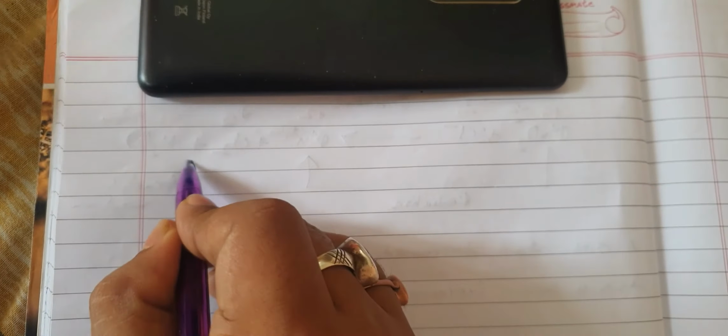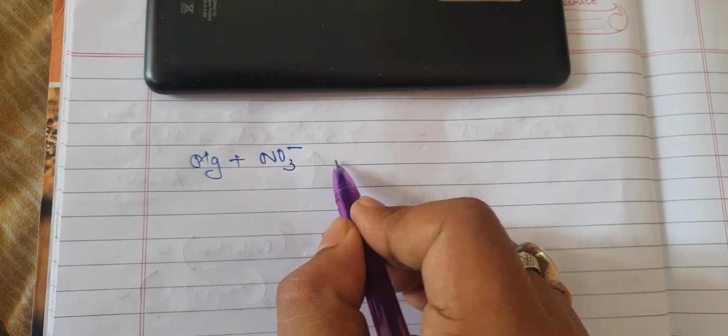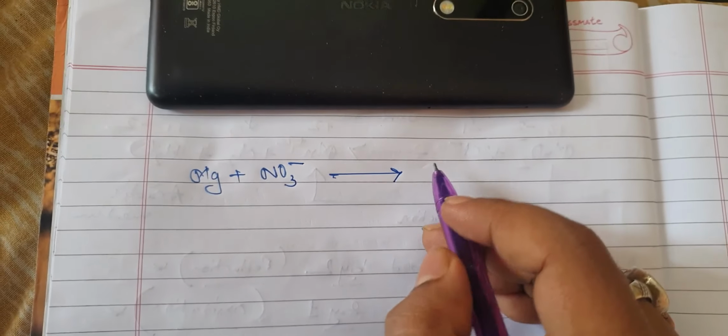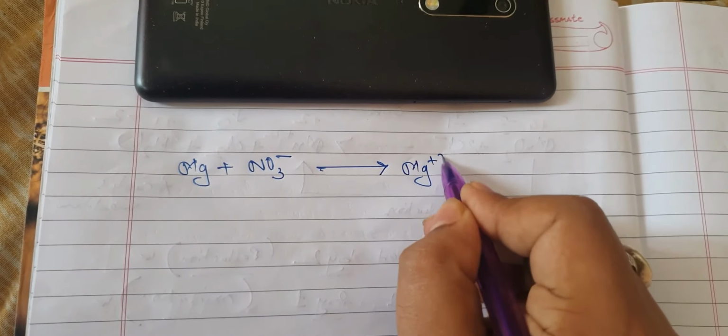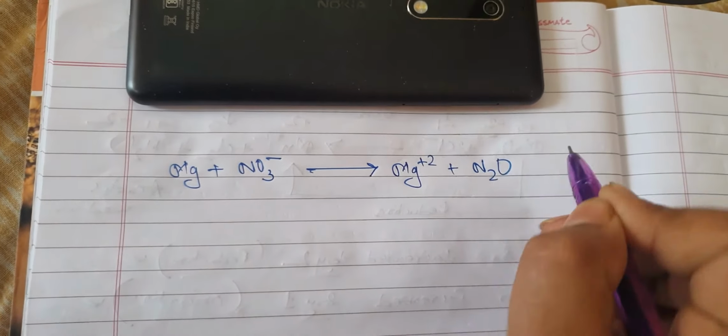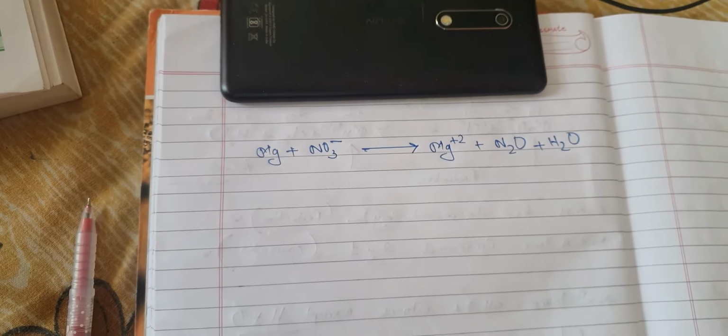Okay, the next equation is, suppose, Mg plus NO3 minus gives Mg plus 2 plus N2O plus H2O. Balance it by the oxidation number method.